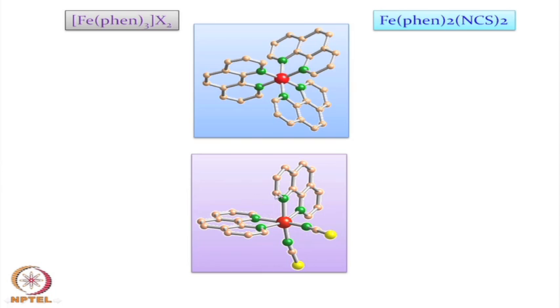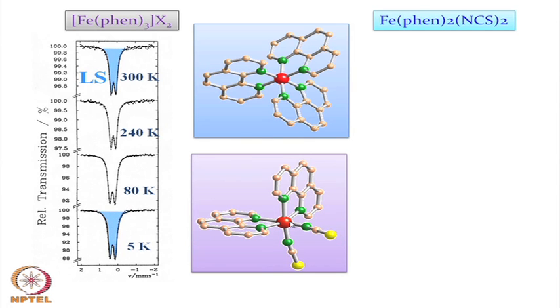This is also Fe(N)6, but we have already seen from the spectrochemical series that the thiocyanate groups sit at a different position compared to the phenanthroline, because the phenanthroline ligands are stronger than the thiocyanate ligands. So, we are providing a somewhat weaker crystal field around this iron, again in the ferrous state.